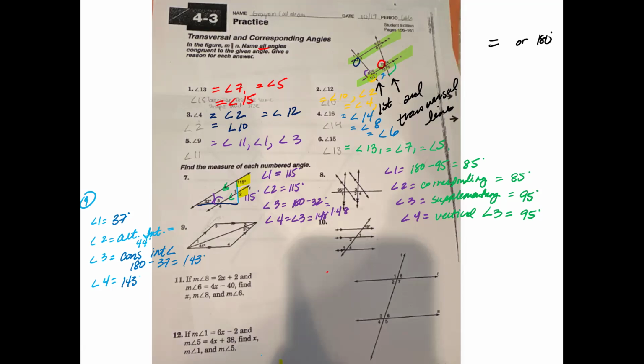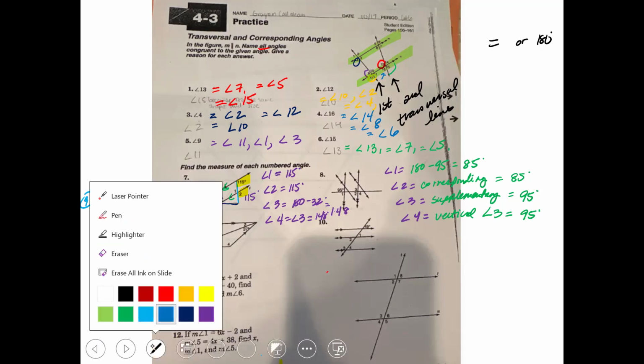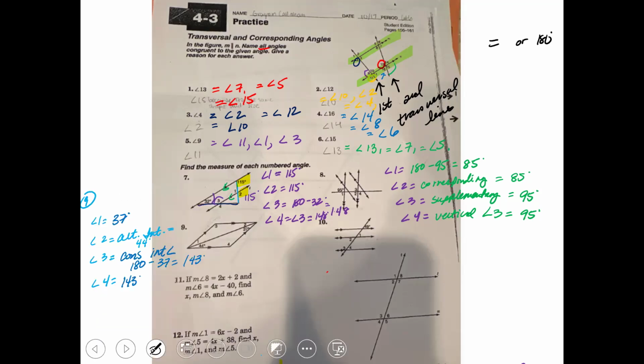All right, for number 10. So for number 10, we have angle 1, angle 2, angle 3, angle 4. So what's angle 1? Did you see how they gave you 49 degrees? Yeah. Because what is that called though?